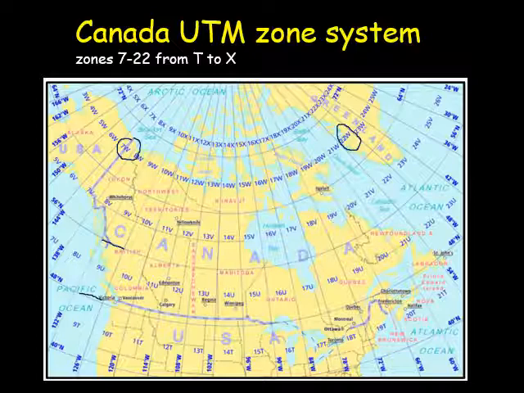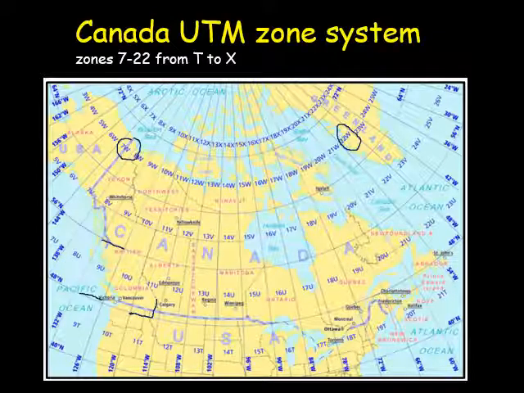But superimposed onto these zones, we have a 100,000 by 100,000 meter grid system. And we start counting position on these UTM maps in the southwestern corner, and then we go up in terms of easting, how far east you go, and then northing, how far north you go.